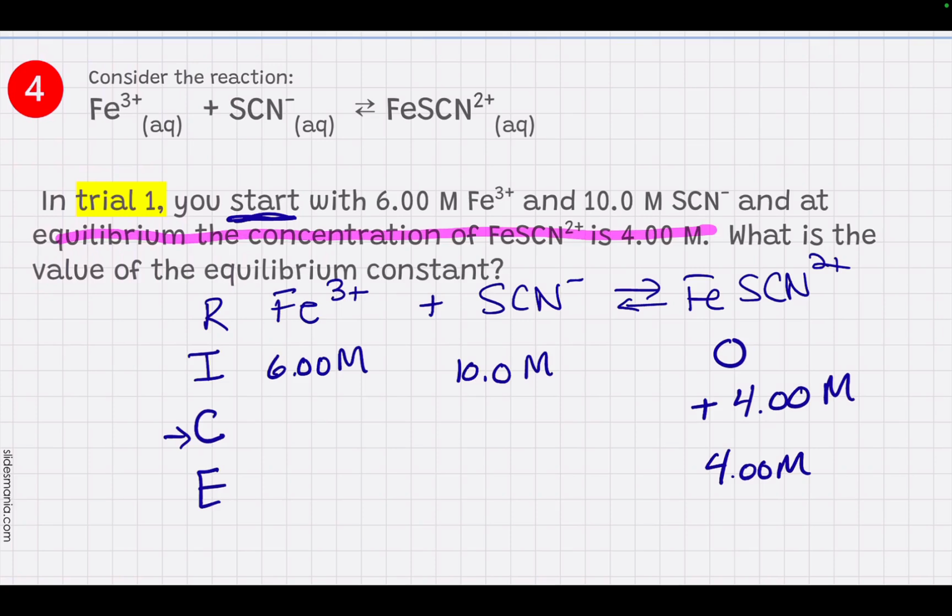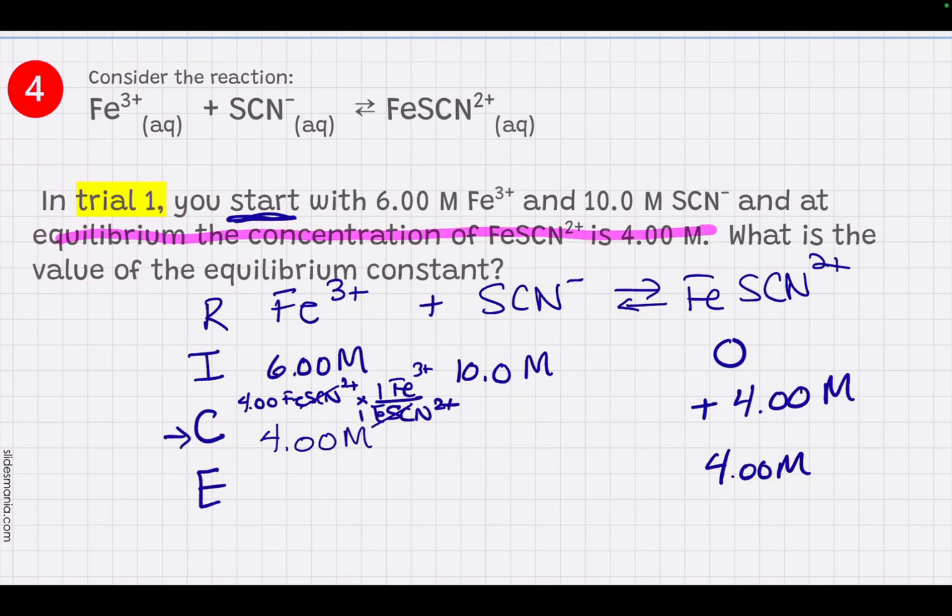Then I can figure out the change in the iron plus 3 by taking the 4 molarity of the iron thiocyanate, and I'm going to do a mole ratio. There's 1 mole of iron 3 for every 1 mole of the iron thiocyanate ion. So you can see that I am going to get an answer of 4.